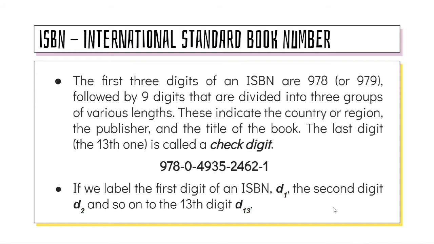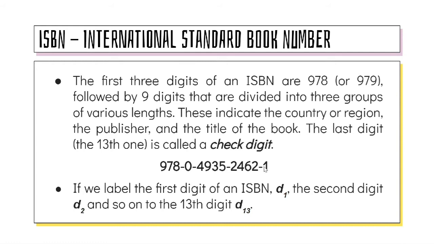So, class, this is the first 3 digits of the ISBN, followed by the 9 digits. Let's count: 1, 2, 3, 4, 5, 6, 7, 8, 9. And they are divided into 3 groups, of various lengths. The first group is 1 digit, the second group consists of 4 digits, and the third group also consists of 4 digits.